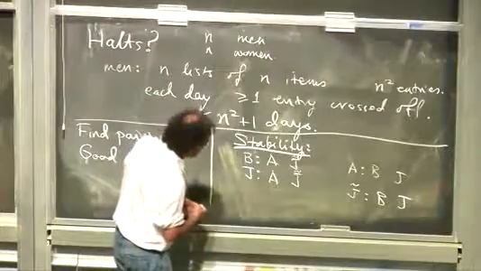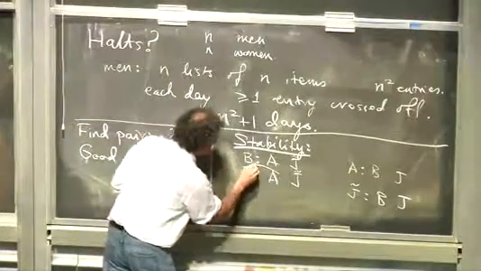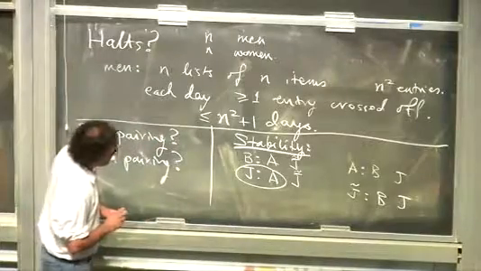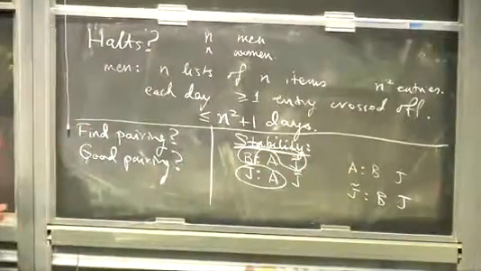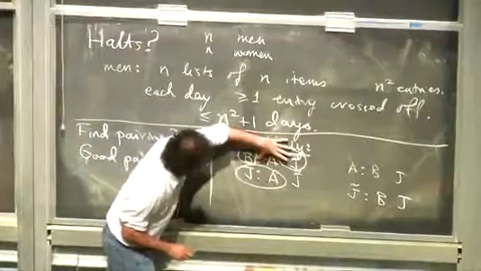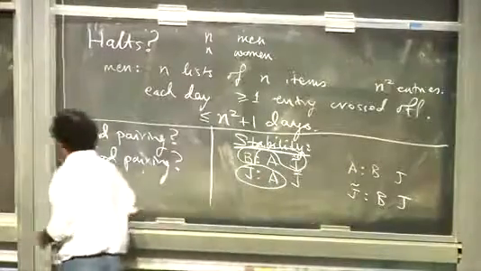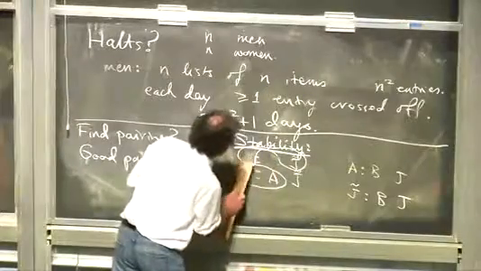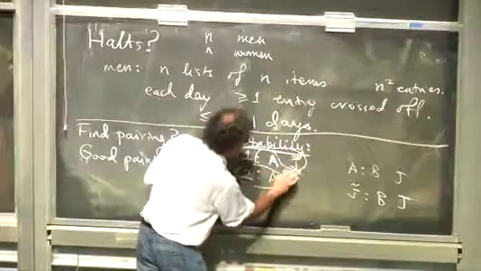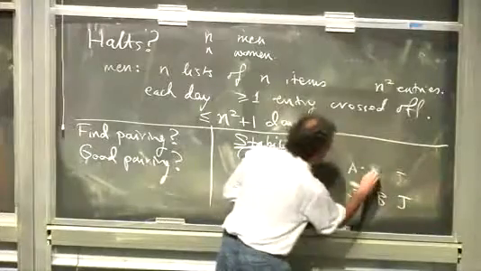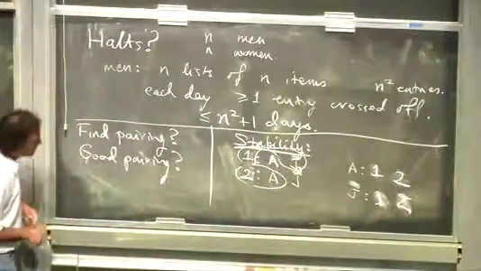Suppose you matched up Justin with A. So you created this matching, this pairing, B with J, and let me just call them 1 and 2. It's a little easier.